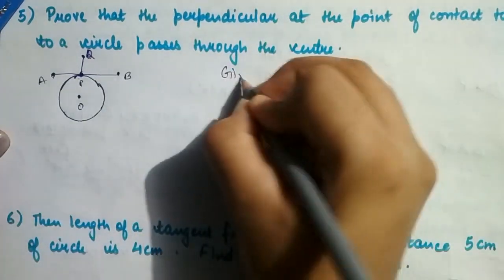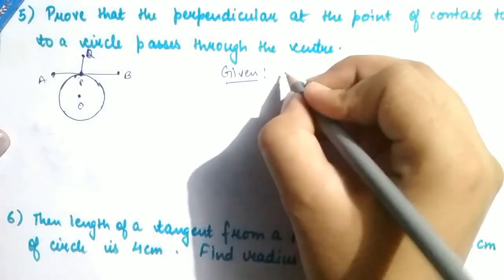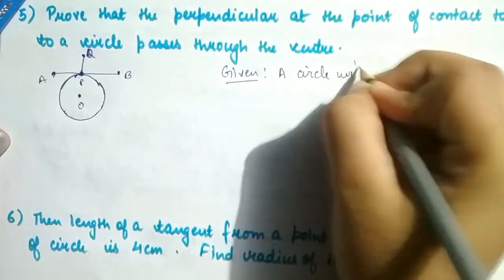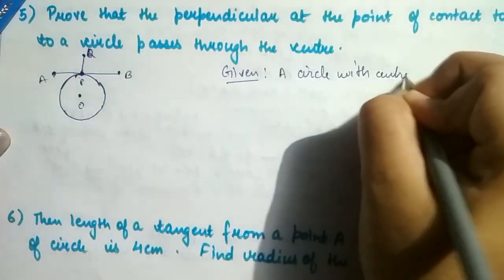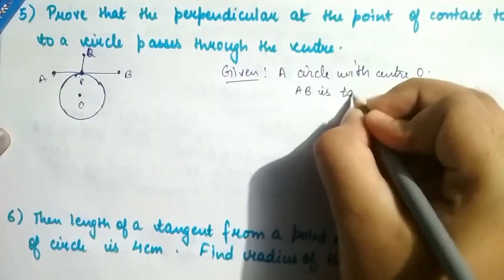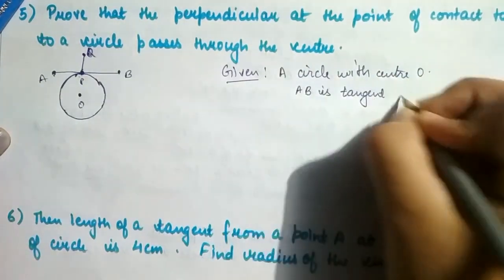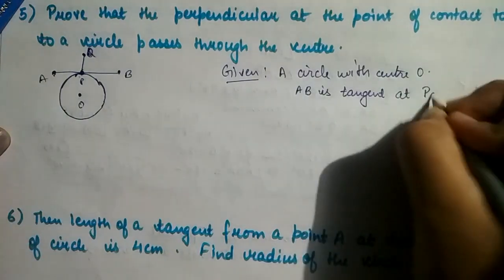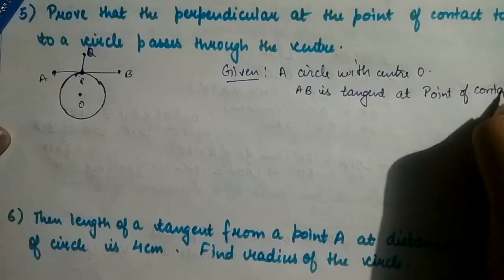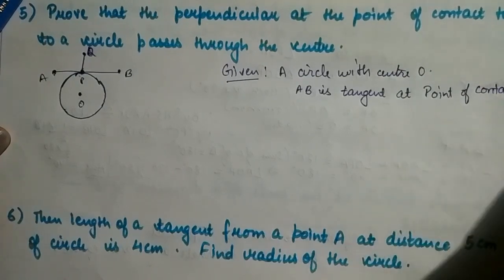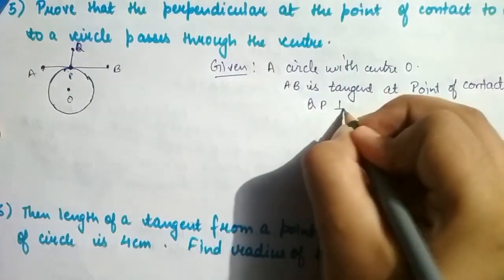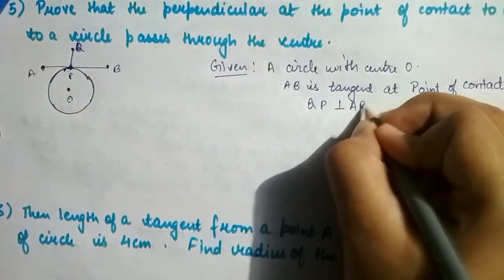You will write, given that there is a circle with center O and AB is the tangent at point of contact P. And it is also given that QP is perpendicular to the tangent AB.